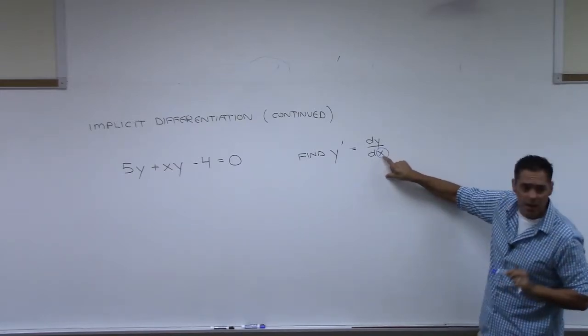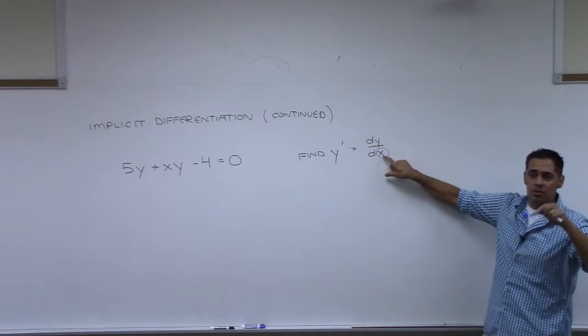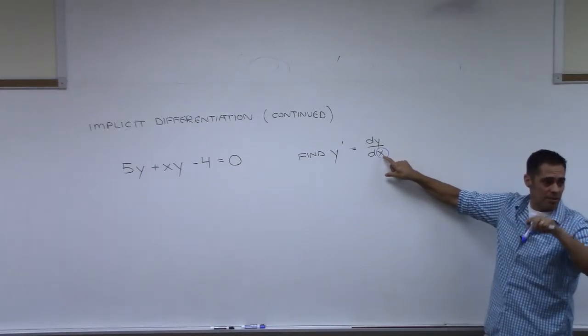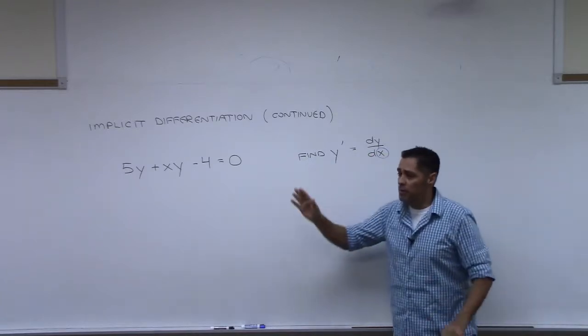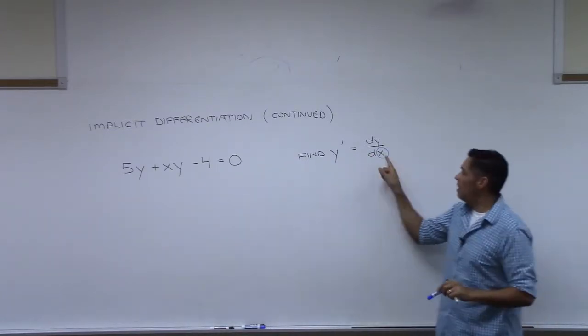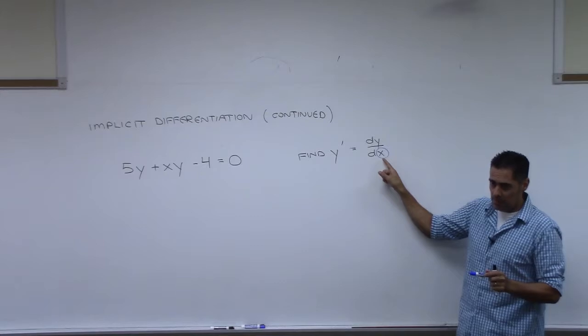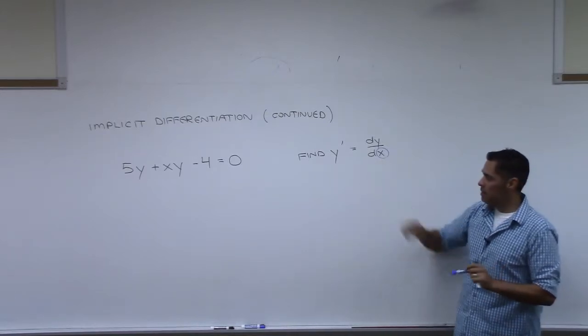You always look at this variable right here, and that tells you which variable is going to go to 1 when you take its derivative. So when we take the derivative of y, it does not go to 1, but when we take the derivative of x, it does. Yes? Okay.